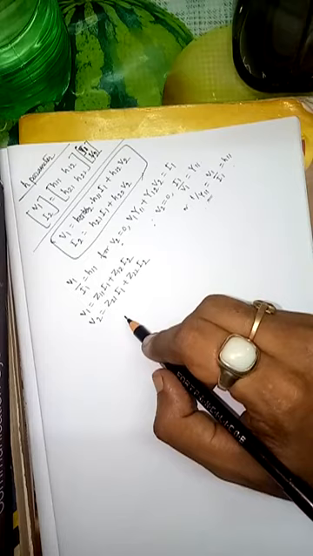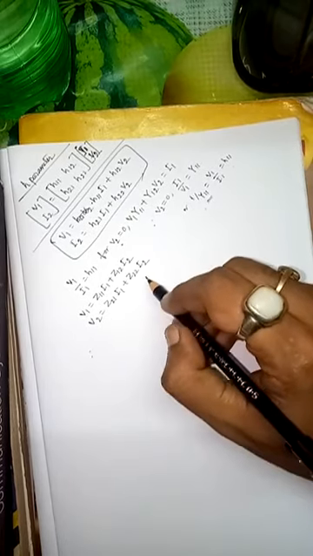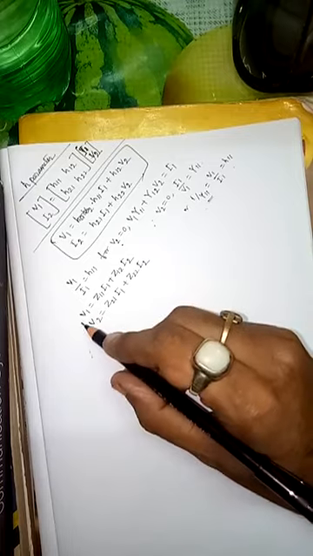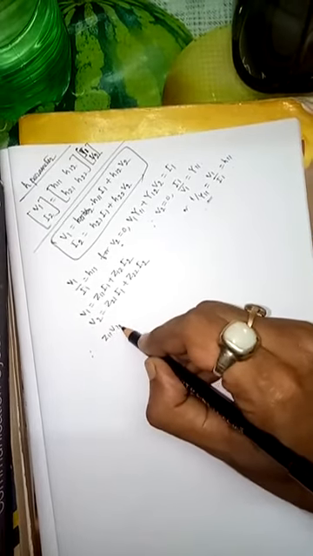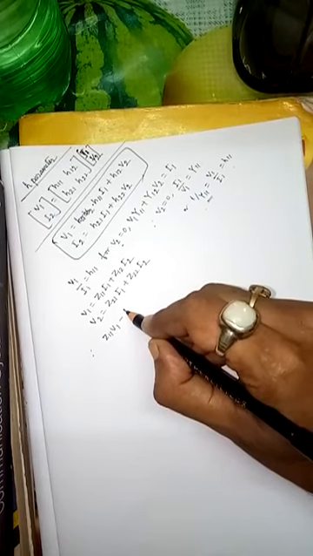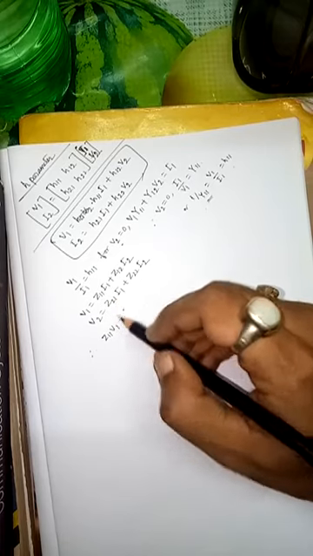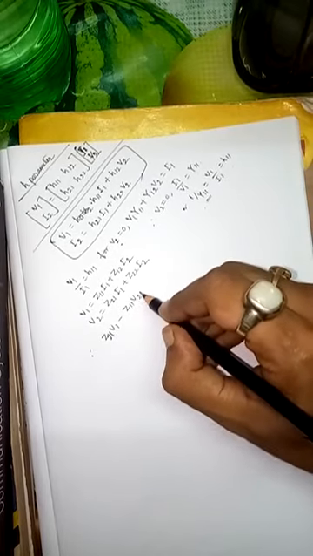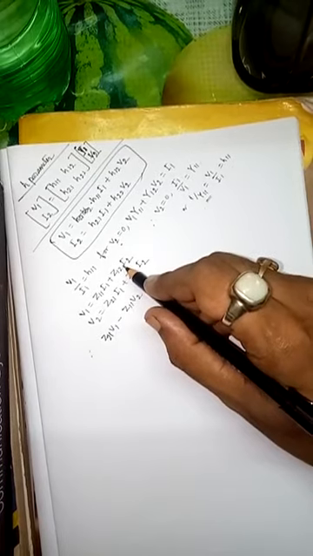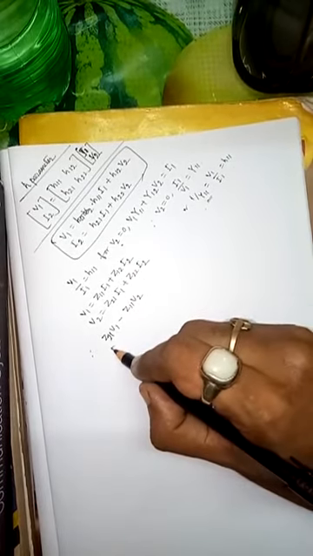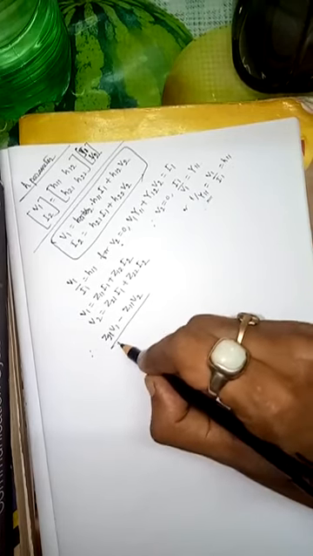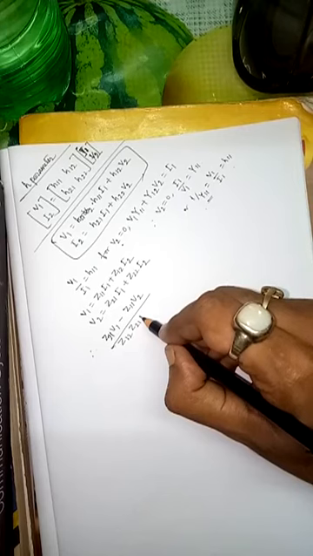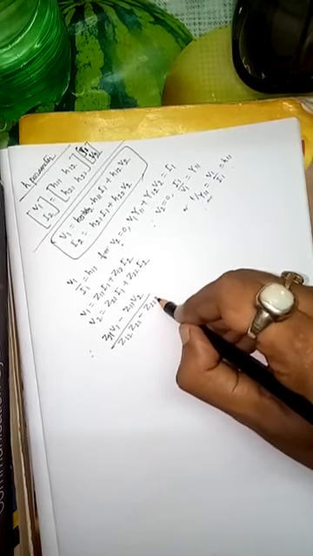So now if you are solving this, you can easily write I1 as Z22 V1 minus Z12 V2, divided by Z11 Z22 minus Z12 Z21.